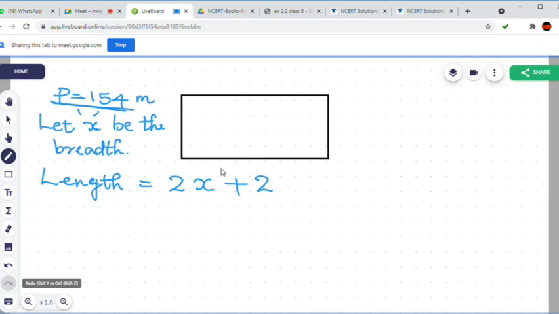Now we can apply the formula of perimeter. All of you know the formula of perimeter of a rectangle?